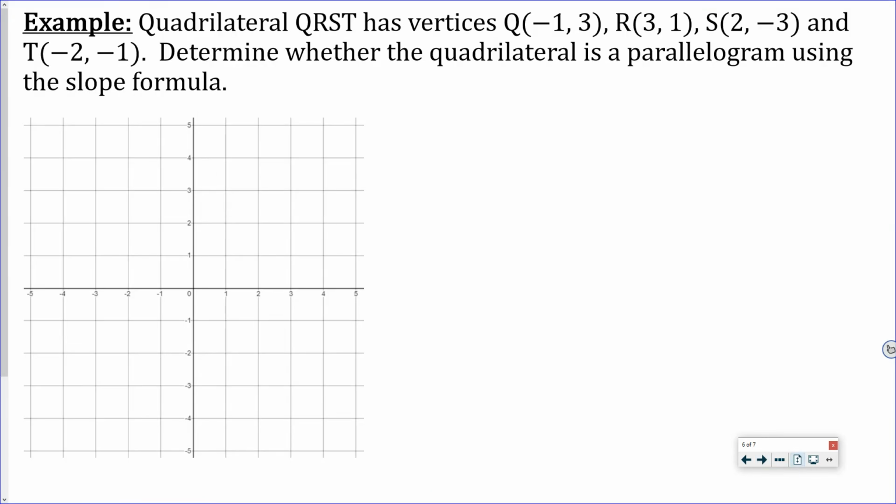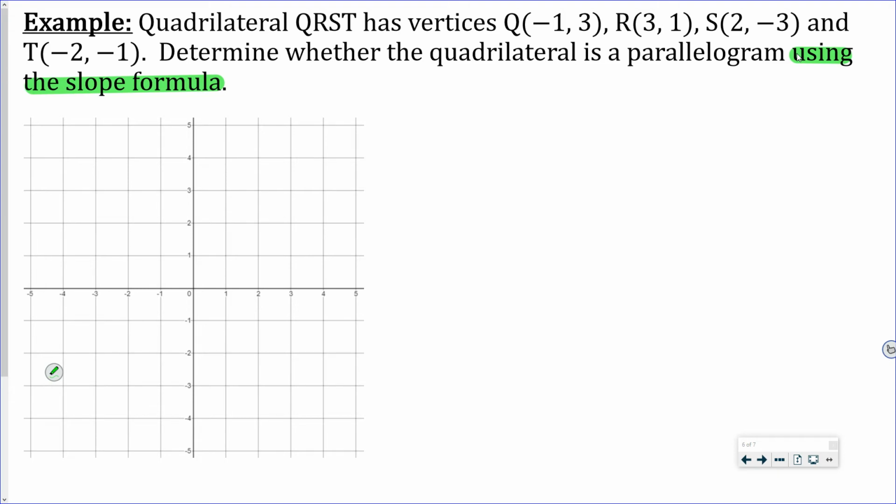All right, so this one says quadrilateral QRST has vertices at those 4 locations. Determine whether the quadrilateral is a parallelogram using the slope formula. Okay, I'm going to highlight that part because this might be different in the different problems you do. So this one says using the slope formula. It could say use the distance formula. It could say use both.